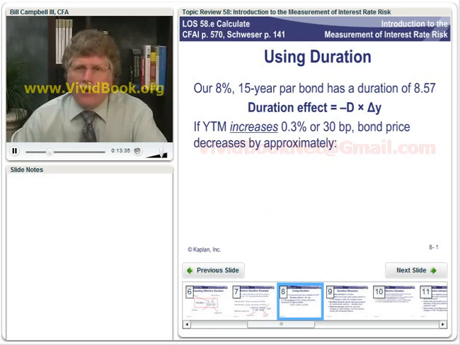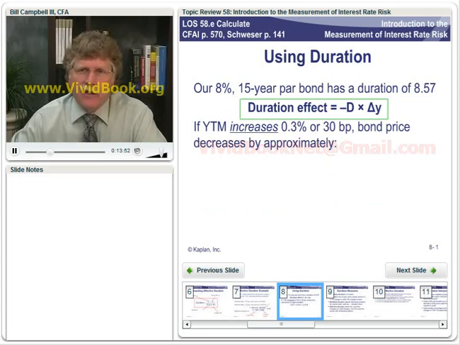So the change in price is going to be calculated using this formula. Negative duration times delta Y. Do me a favor, circle that negative sign. Remember that when yields go up, prices go down. So you have to have the negative sign in there.